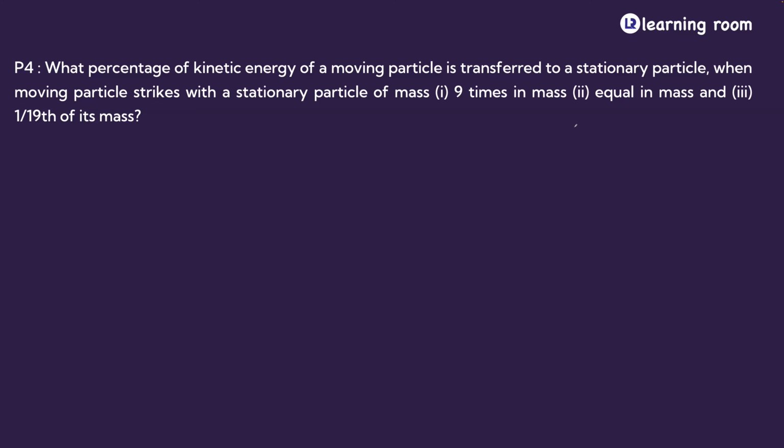So there is an object of mass m which is moving, and it is colliding with a stationary particle whose mass in the first case is 9m, in the second case is m, and in the third case is m by 19. In all these three cases, you have to find out the percentage of kinetic energy of the moving particle that is transferred to the system. Calculate.